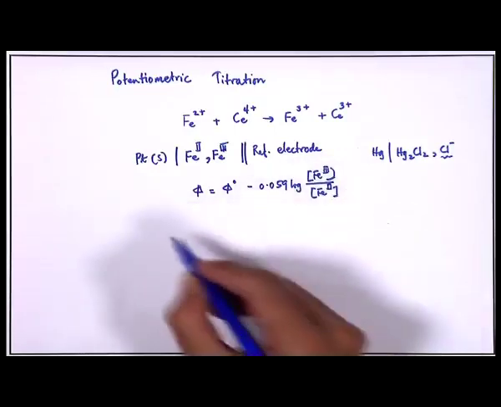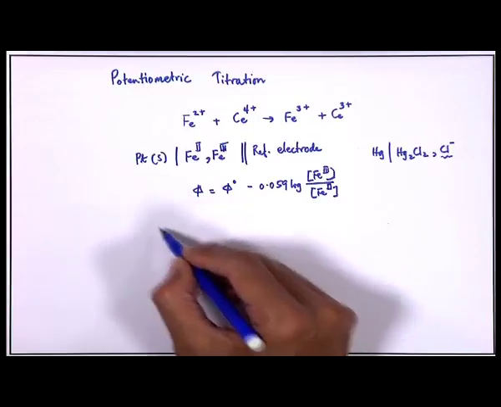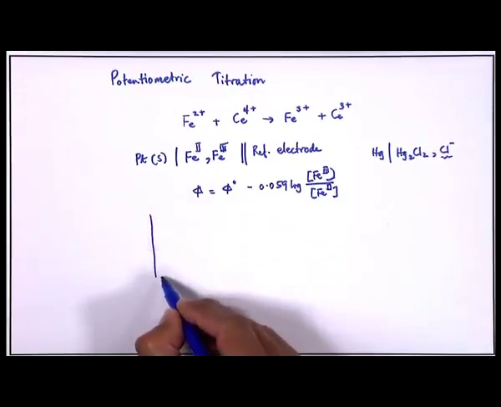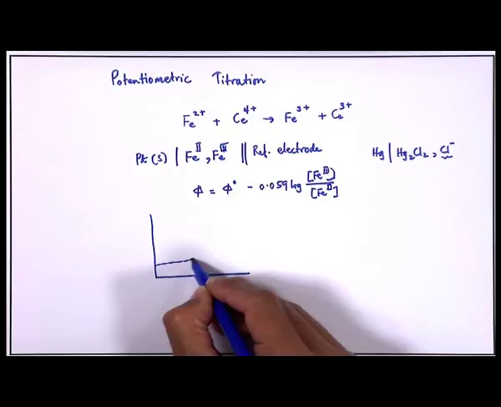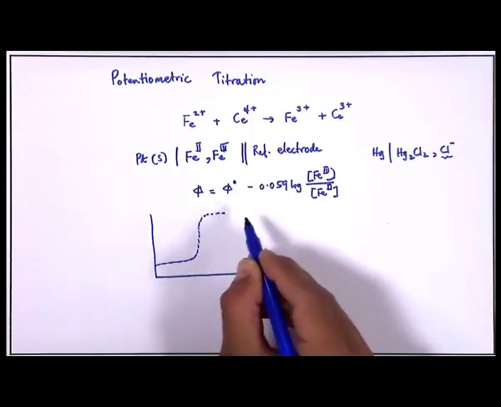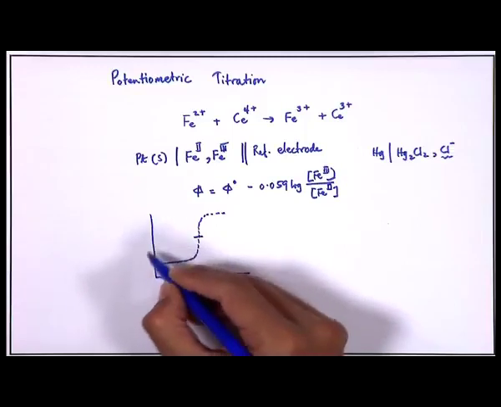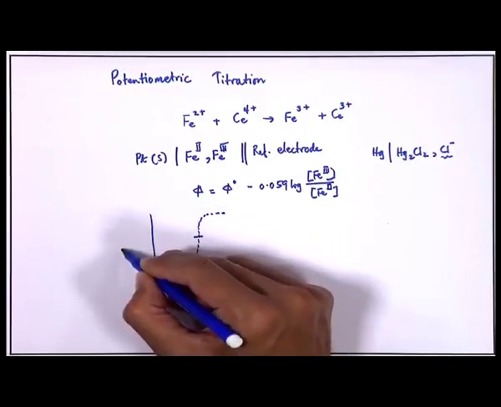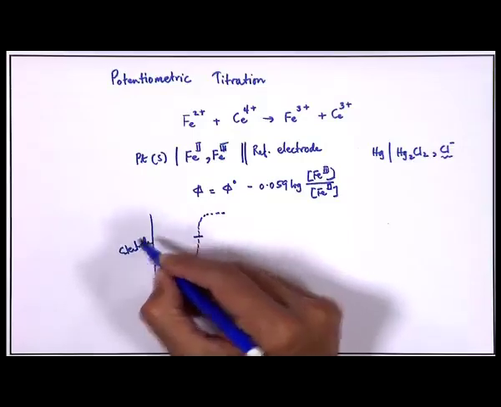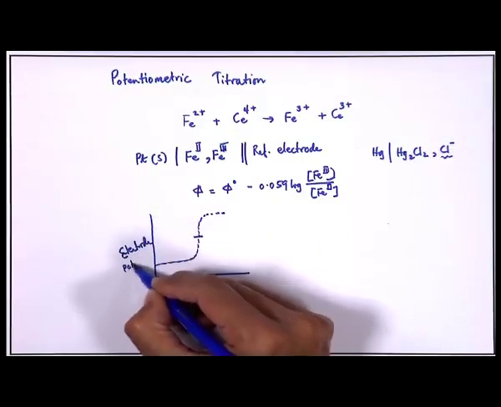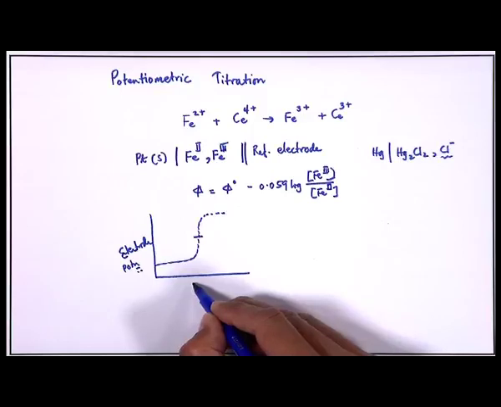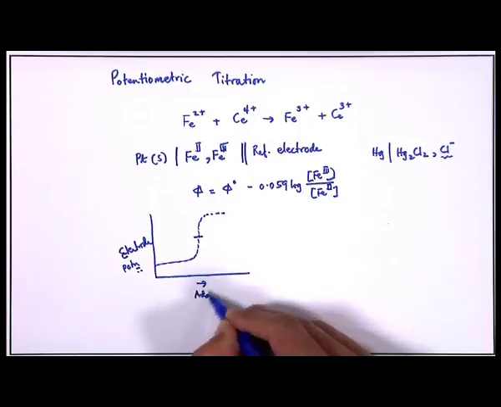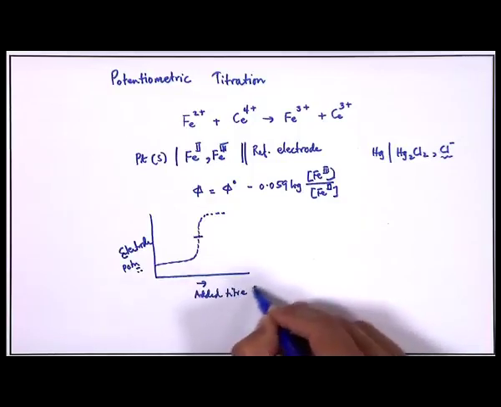Okay. So, therefore, if you plot this potential against, say, a saturated calomel electrode, it will follow a trend like this. This may be regarded as the equivalence point. So, electrode potential versus the number of drops of this cerium, the ceric system, that is added, the added titer in ml.